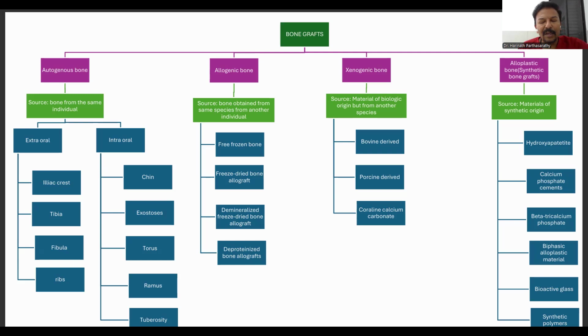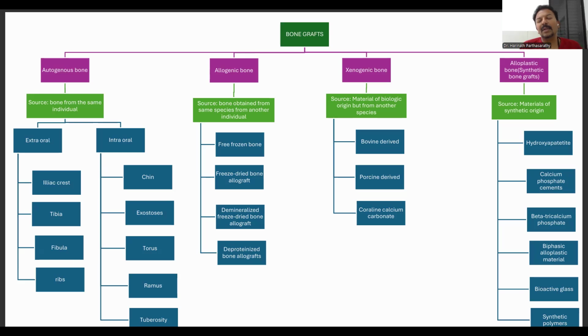So we have many companies like Zimmer and Rocky Mountain. They are very popular allogenic bone graft materials, and they have maintained excellent standards in terms of procurement, harvesting, processing, and commercial availability.